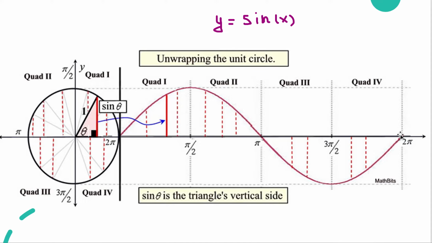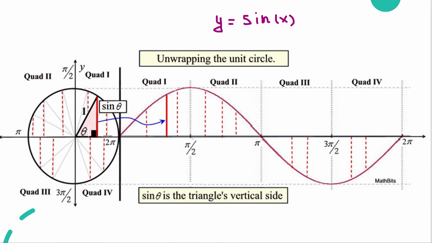Sine of 360 degrees is 0, right here. And this cycle is going to be repeated throughout the whole x-axis in a positive direction and negative direction, and that signifies the function y is equal to sine x in the Cartesian system.